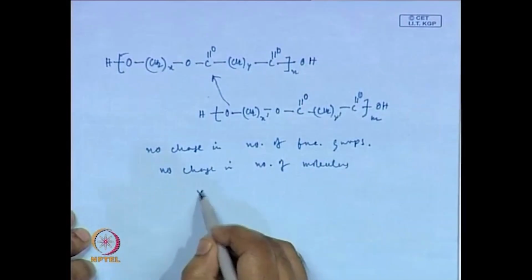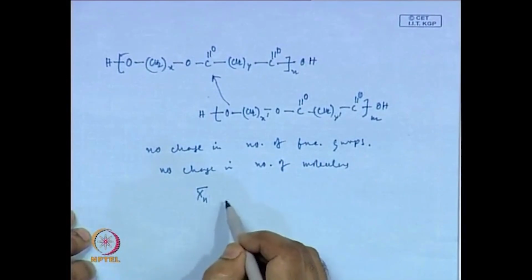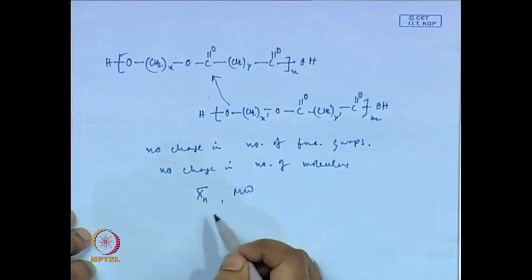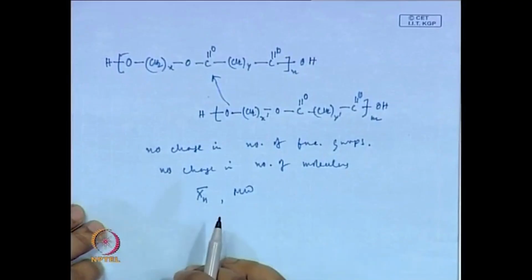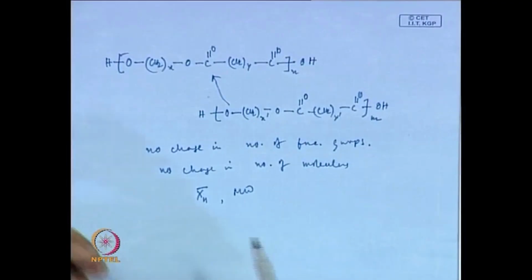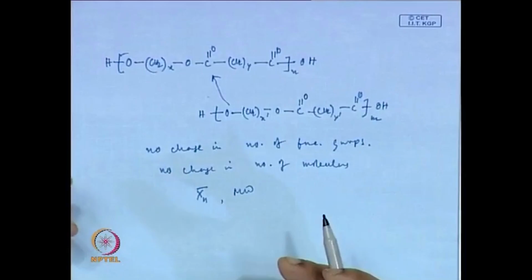As a result, no change in extent of reaction, no change in molecular weight as well. So, statistically this does not have any significance for the final polymer product, in terms of molecular weight or molecular weight distribution, but you should know that during polymerization, the chains can undergo exchange reactions between them and they can reshuffle.